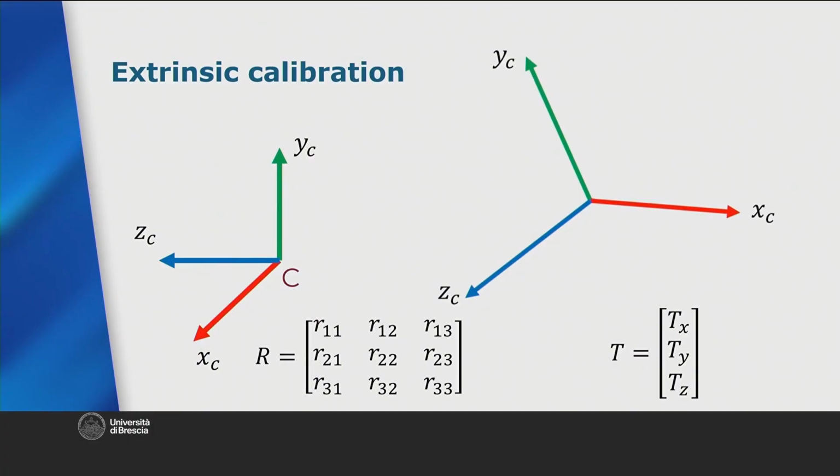These 9 values can be obtained from 3 independent values that represent the 3 rotation angles along the 3 axes of the reference system. The translation is usually described by a vector of 3 values, which correspond to the components of the vector that connects the origin of the starting reference system and the origin of the destination system.